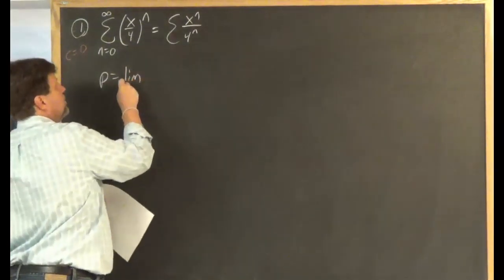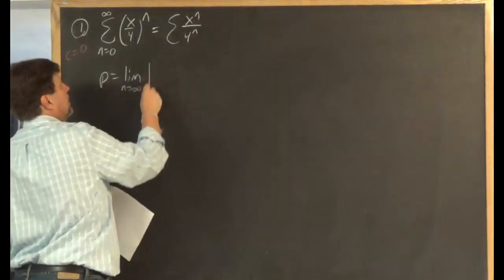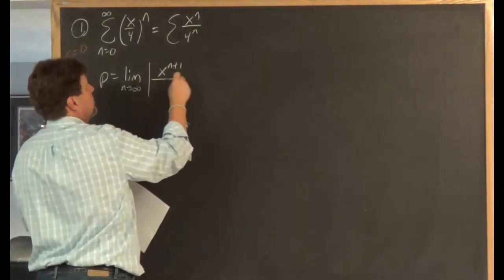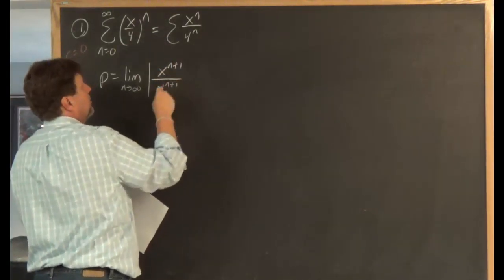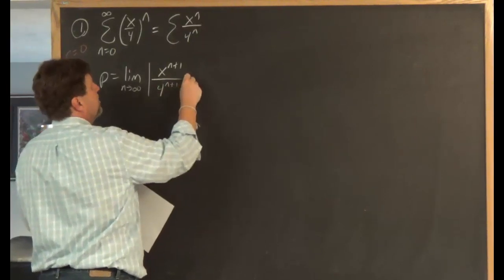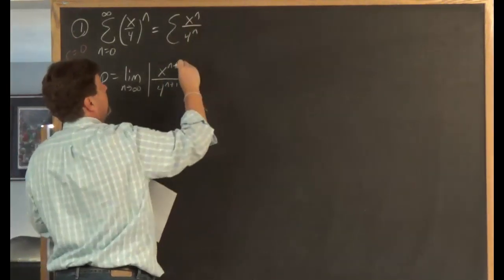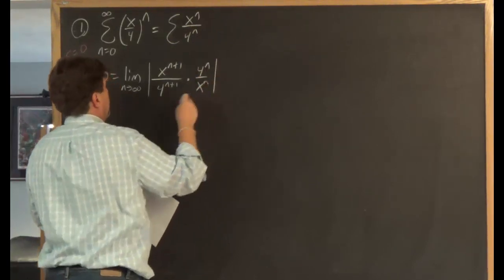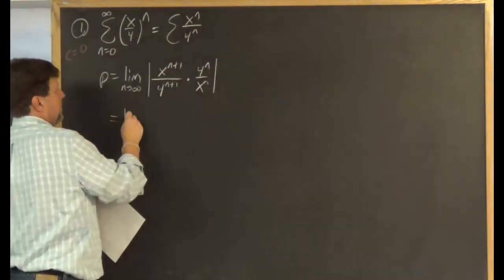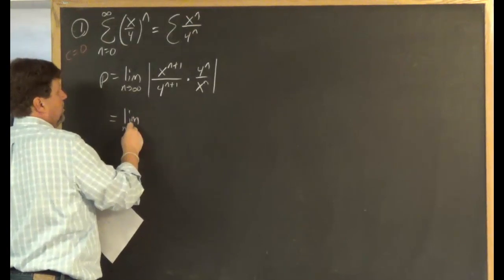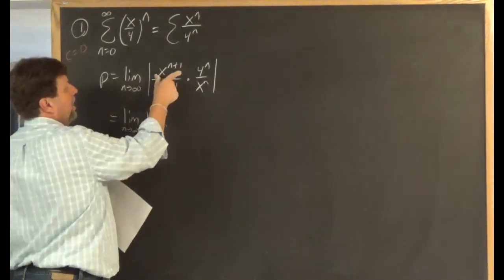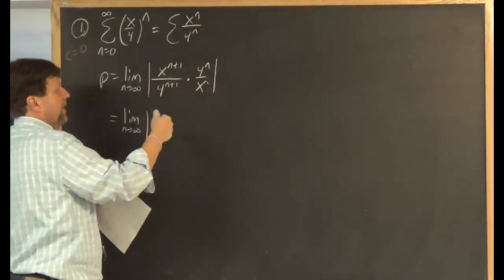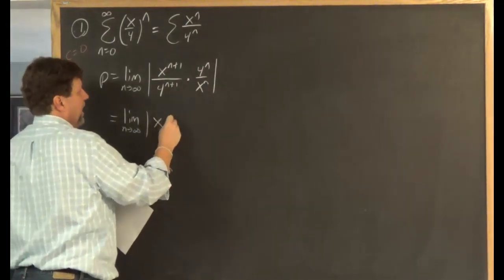Cranking it through the ratio test. A sub n plus 1, that's x to the n plus 1 over 4 to the n plus 1, divided by a sub n. So multiply by the reciprocal. And we know x to the n plus 1 over x to the n, we should know that's going to simplify to x.